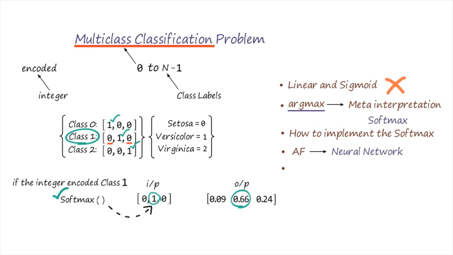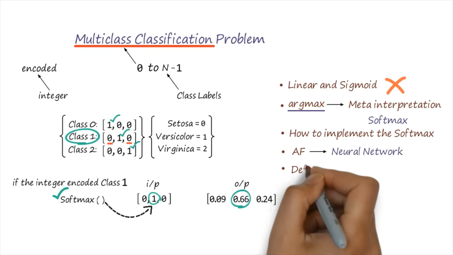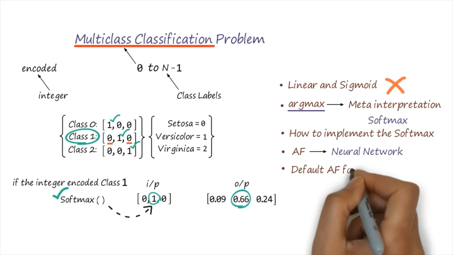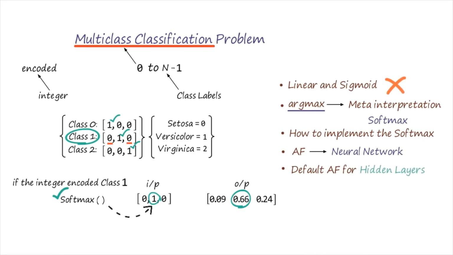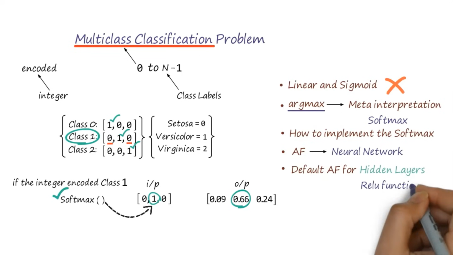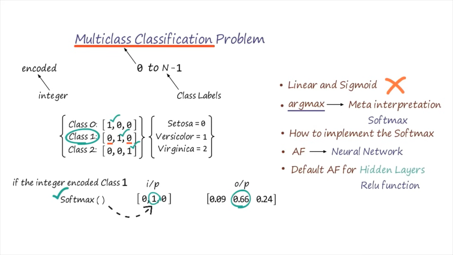Now, for the default activation function for hidden layers, we generally prefer to use the ReLU function. Except for the RNN, all other neural networks like CNN and feed-forward neural networks prefer to use ReLU in the hidden layer. This is also discussed.